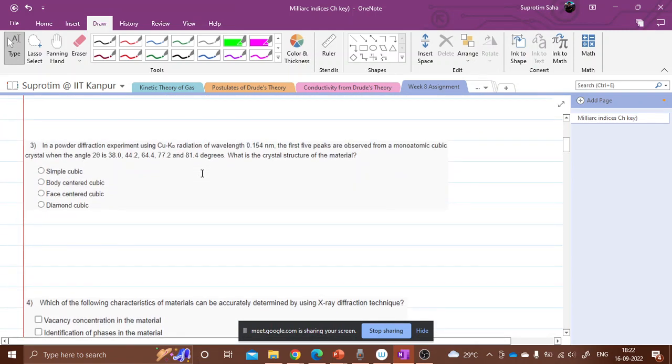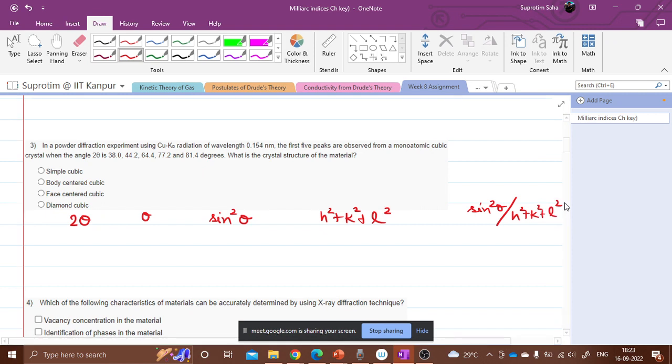So now what you have here is a similar problem that has been taught in the lecture, but let us just do it anyway. So this is 2 theta, this is theta, this is sine squared theta, this is h squared plus k squared plus l squared, and this is sine squared theta over h squared plus k squared plus l squared.